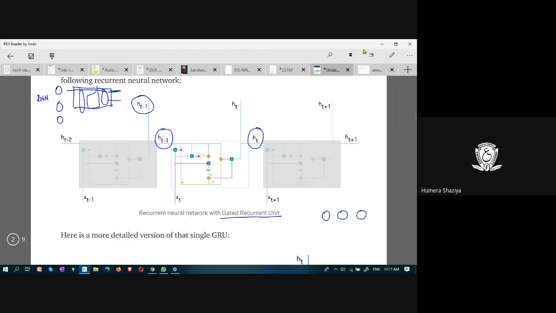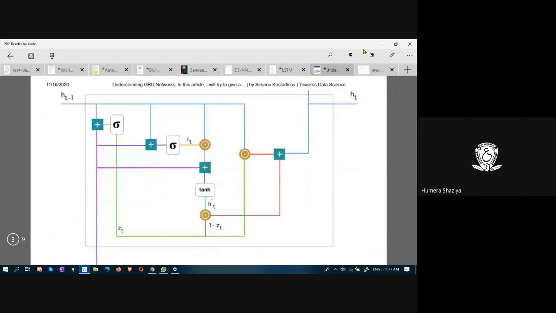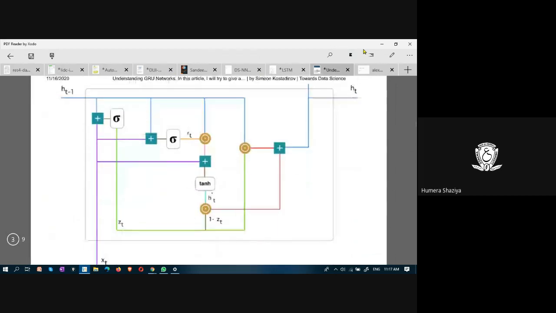Here it can be this input, output, and forwarding the output to the subsequent layer as well. What is happening here, we will look at in detail.